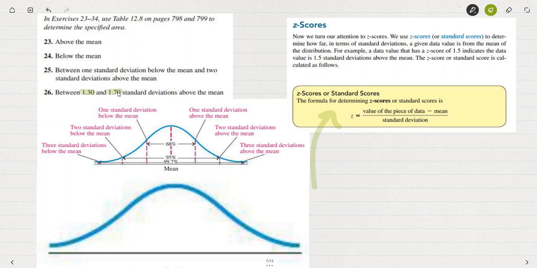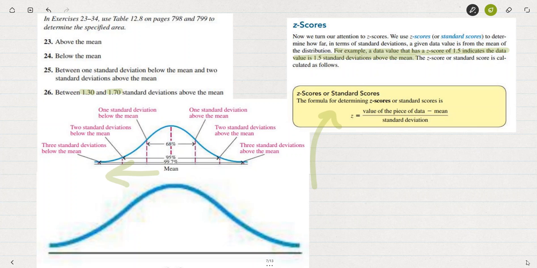That z-score, or standard score, determines how many standard deviations we are away from the mean. For example, a data value that has a z-score of 1.5 is 1.5 standard deviations above the mean. Again, a negative z-score means that we're to the left of the mean, or below the mean.